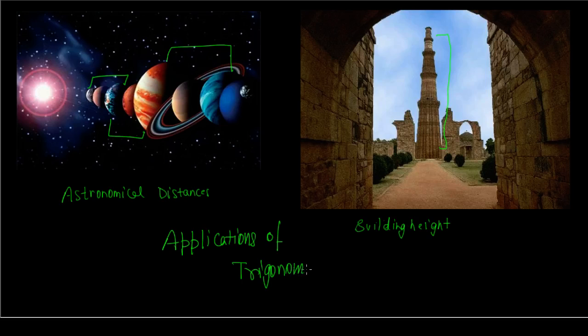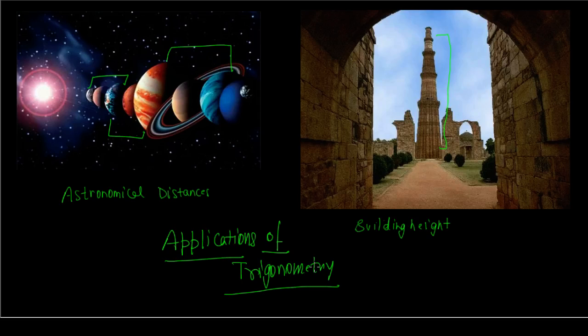Right? A very interesting chapter, because this is a chapter which is linked to our daily life. Everything we do, distances, heights, all this involves trigonometry. Astronomy involves trigonometry. Science involves trigonometry. Physics involves trigonometry. Everything we do in science involves trigonometry.